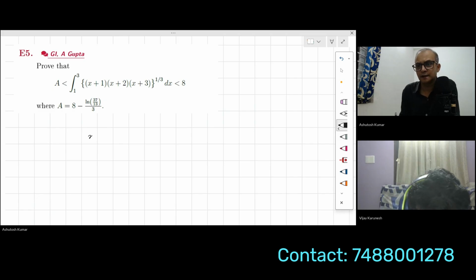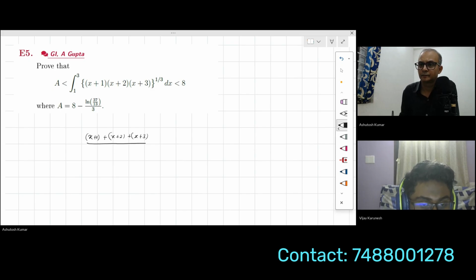So the AM of these three numbers, what did you write? X plus 1 plus X plus 2 plus X plus 3 by 3, sir. And it will be X plus 2, greater than or equal to X plus 1 into X plus 2 into X plus 3 to the power of 1 by 3.